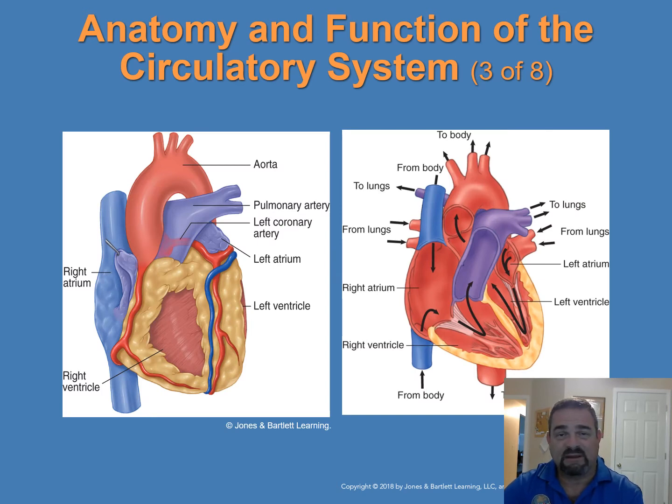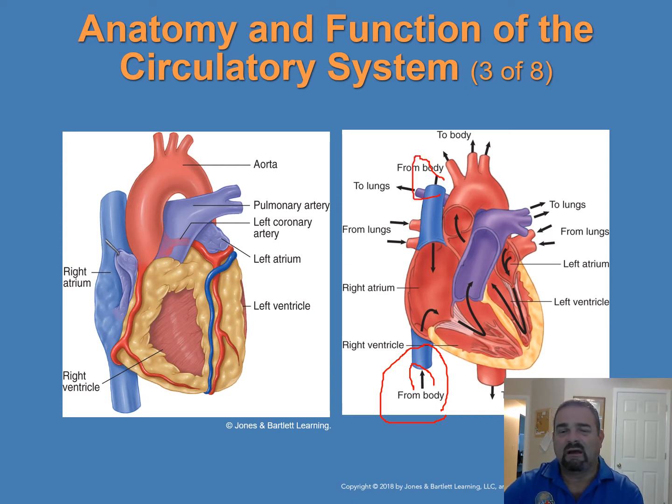All right, so here are some good diagrams of the heart. It gives you a good idea of how they function. I really like this one over here because it shows you how the unoxygenated blood comes in. Notice these veins, the vena cava: this is the inferior vena cava, and this is the superior vena cava.